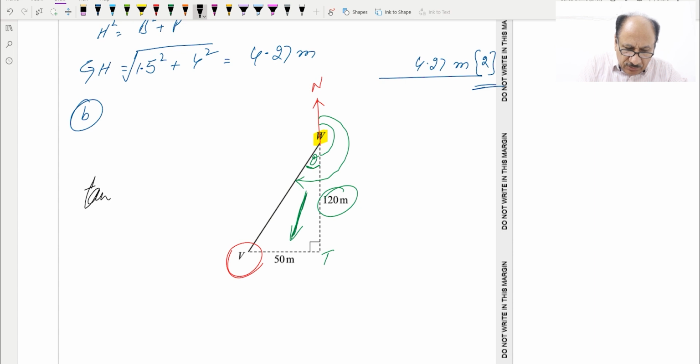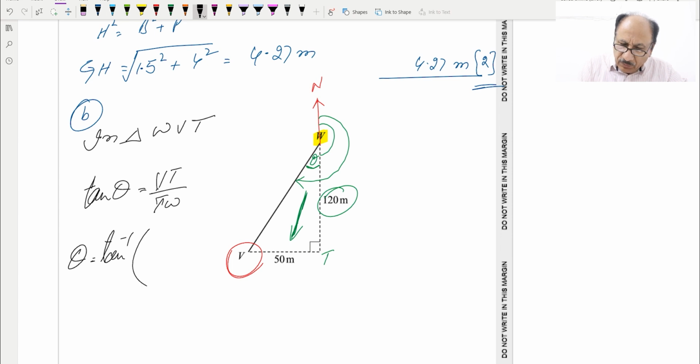So in triangle WVT, tan theta will be equal to VT over TW, and theta will be equal to tan inverse of VT, which is 50, divided by 120, and this is what we need to calculate.